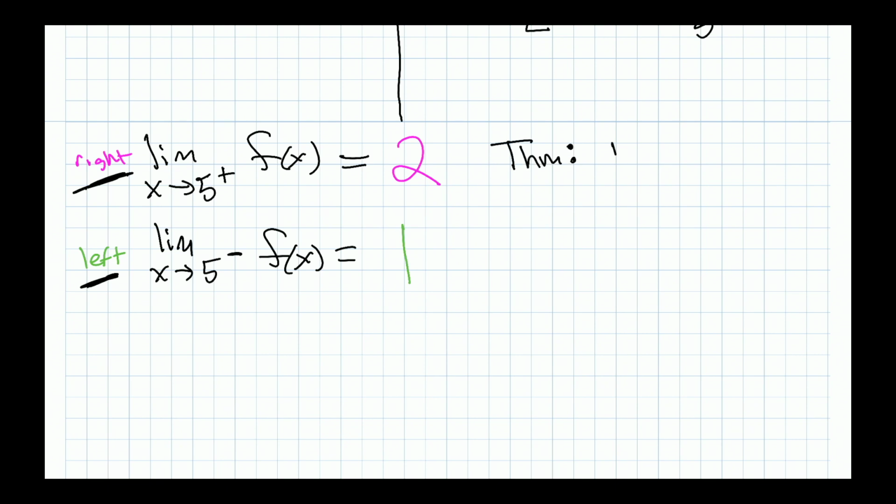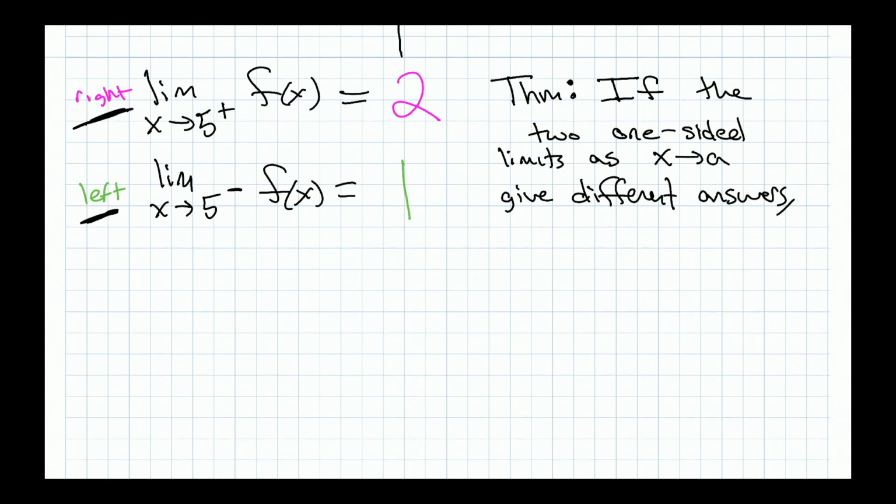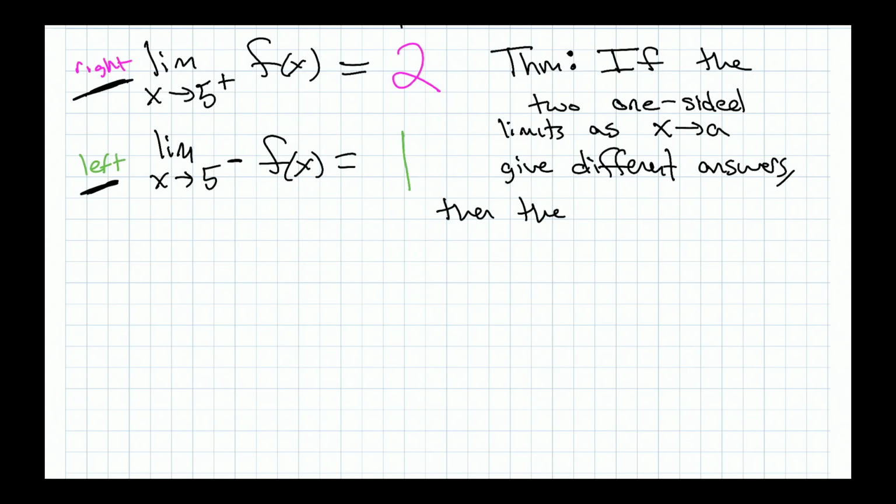Theorem. If the two one-sided limits as x approaches a give you different answers, then the two-sided limit, which is the normal limit, limit as x approaches a of f of x, does not exist.